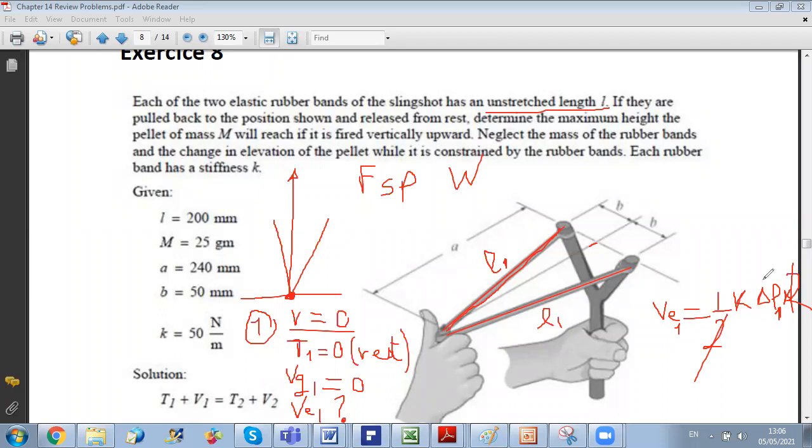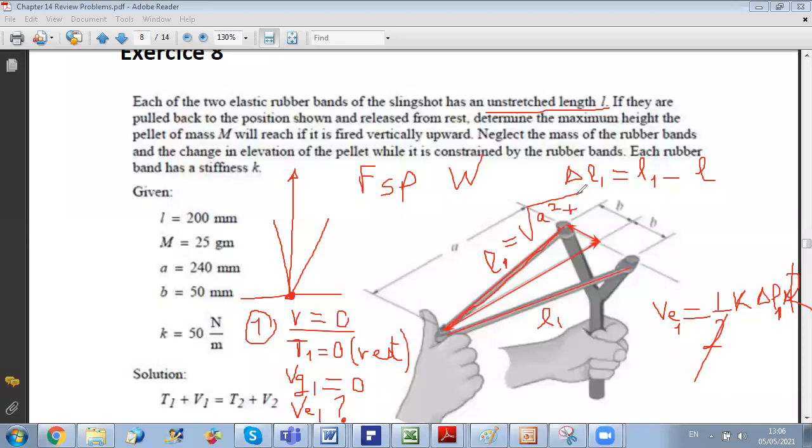Now, how to compute delta L1? Delta L1 can always be calculated as the total length of the rubber, which is L1 at state 1, minus the unstretched length, which is L. If we look at our figure, to get L1, we have this distance A and this distance B. So we can apply the Pythagorean theorem: L1 is the hypotenuse in this right triangle, so it's given by the radical of A squared plus B squared.